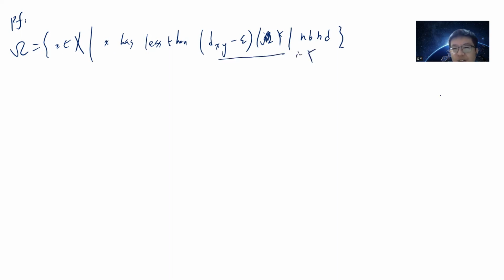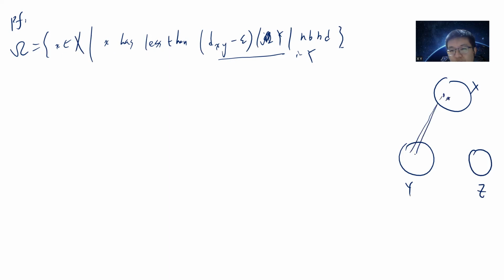So this is X, this is Y, this is Z, and I ask how many x here have less than or equal to (d_xy minus epsilon) times |Y| neighbors.